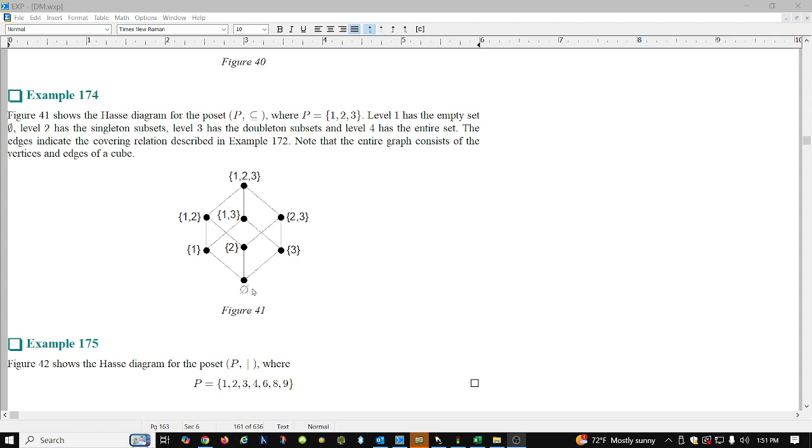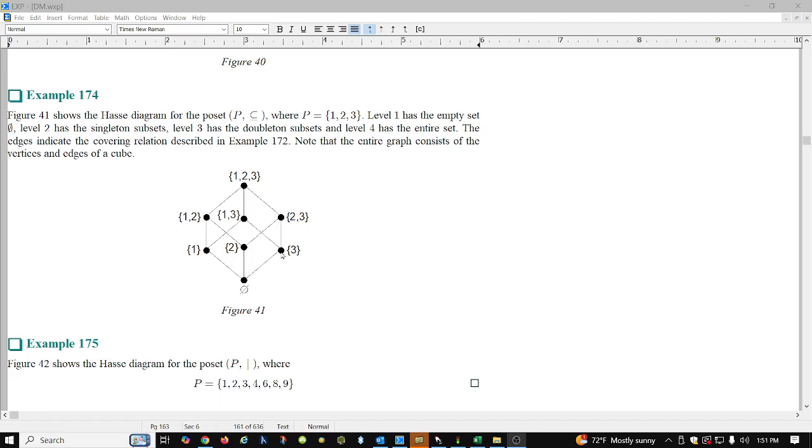Now, which subsets of P cover the empty set? They're the subsets that have one more element than the empty set. In other words, the singleton subsets. So those are the sets containing 1 or 2 or 3. So this is level 2. And you can see this vertex raised a little higher than these two.